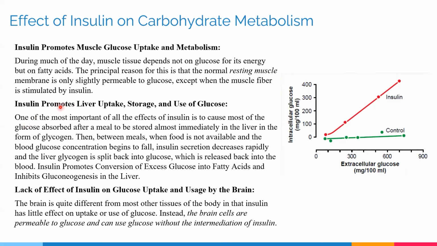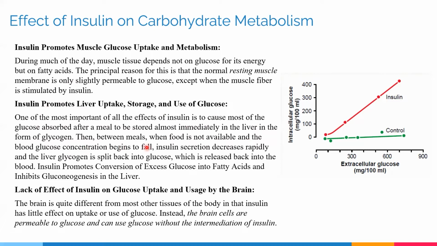Next, insulin promotes liver uptake, storage, and use of glucose. One of the most important of all effects of insulin is to cause most of the glucose absorbed after a meal to be stored almost immediately in the liver in the form of glycogen.